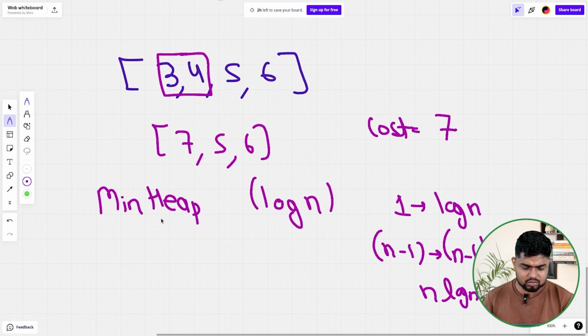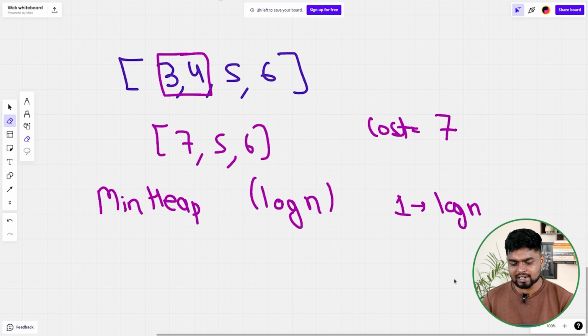The priority queue helps us get the minimum elements in log n time, because the heapify process in a min heap or max heap takes log n time. Obviously we have space complexity of order n because we'll be using a min heap, but this would solve the question in lesser time complexity.